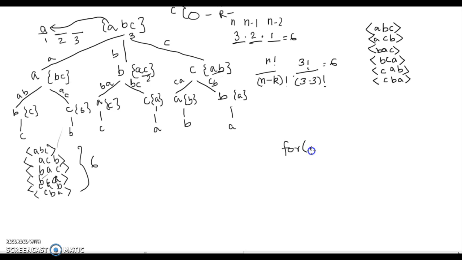So our for loop would probably look something like this. For int i equals... now we have to be careful about how i is going to proceed at every level. Let's call each of these offsets: I have offset 0, offset 1, and offset 2.